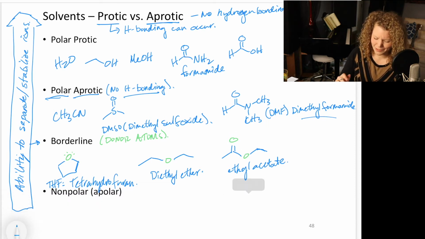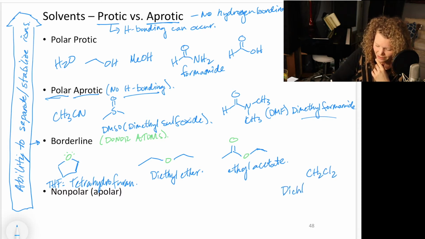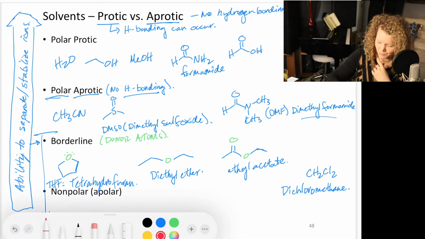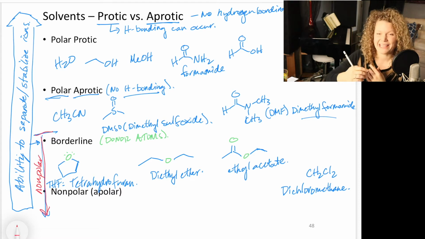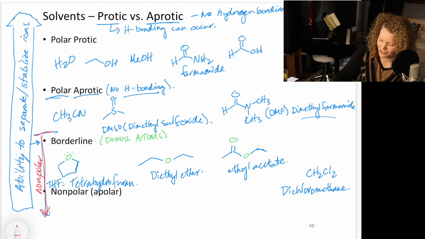Now, also kind of right underneath the borderline is one of my favorite solvents, CH2Cl2. This is dichloromethane. Now, all of the borderline and below are considered nonpolar. But they have characteristics that to some extent can help them stabilize charges.